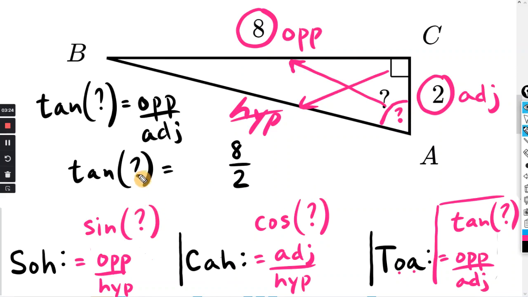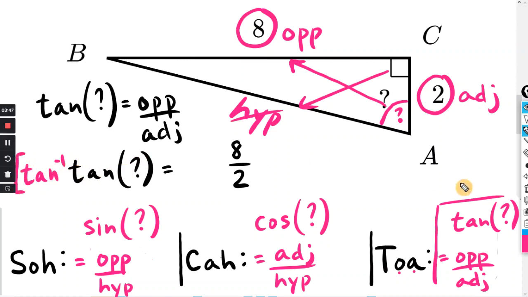Now, we're trying to isolate the angle, the question mark. So, in order to get rid of the tan function, you want to do the inverse tan on both sides. What that looks like, you write tan and it looks like an exponent of -1, but that's not an exponent, that is the inverse tan.